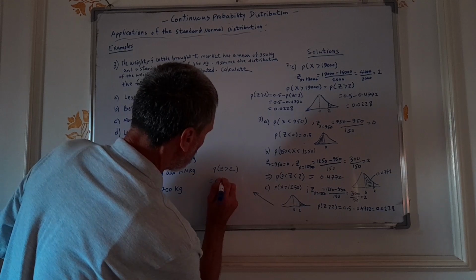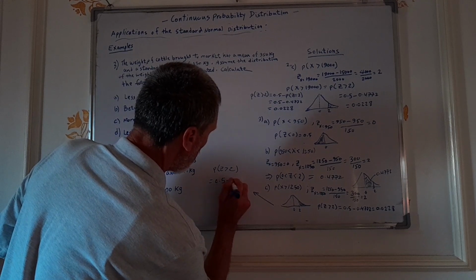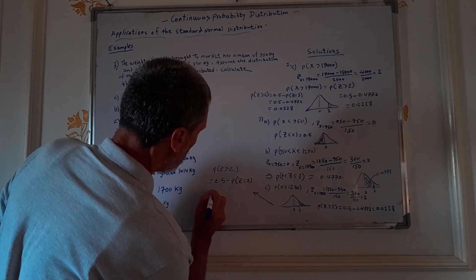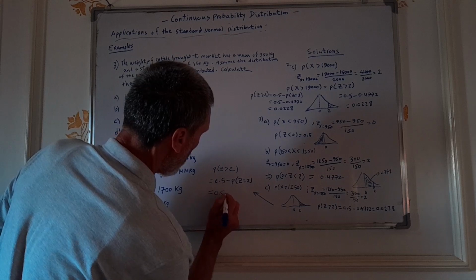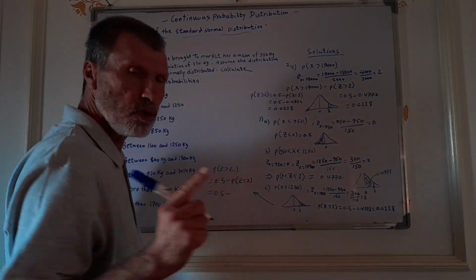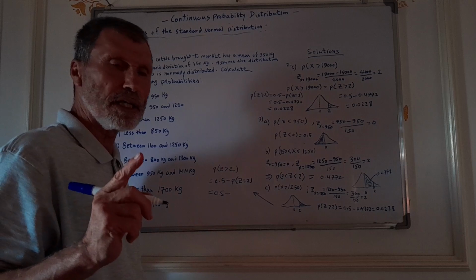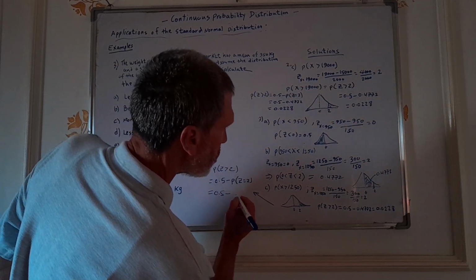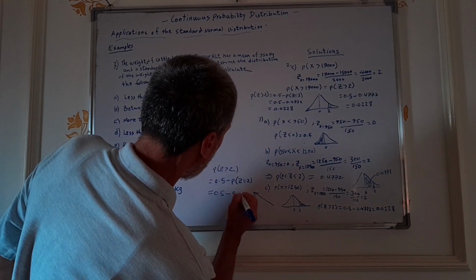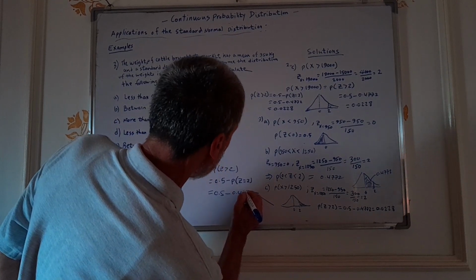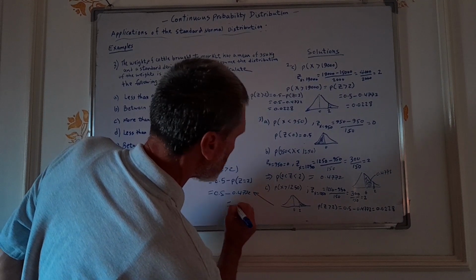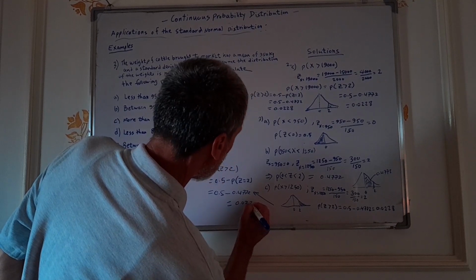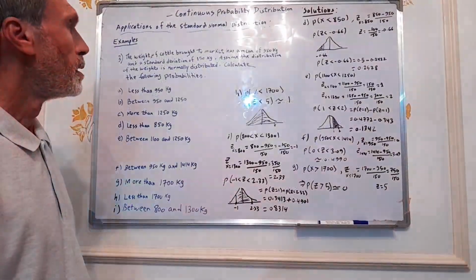You calculate that from the Z table in Appendix B1, and you come up with 0.4772. So 0.5 minus 0.4772 is equal to 0.0228. Okay, this is okay.